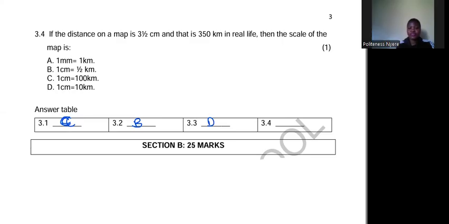3.4. If the distance on a map is 3.5 centimeters, and that is 350 kilometers in real life, then the scale of the map is... So the distance on the map is 3.5, and that distance is equal to 350 kilometers. What does it mean then?